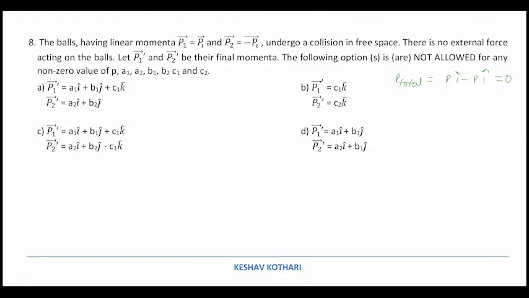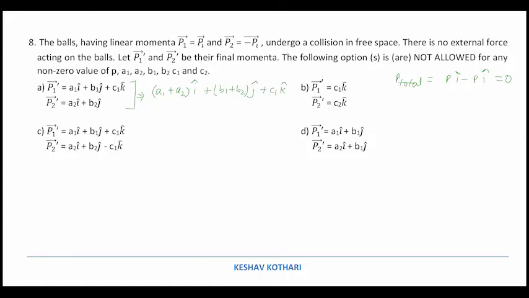If we look at the final momentum equation over here, and if I add both the results, I will obtain a1 plus a2 i cap plus b1 plus b2 j cap plus c1 k cap.